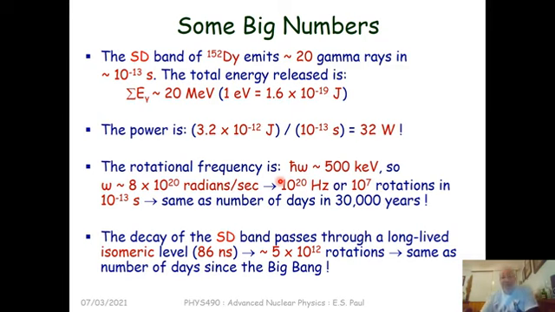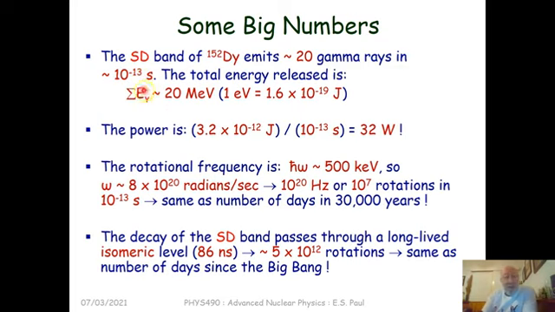So actually, I think this might be in one of the tutorials or homework questions. Let's just look at some of the numbers associated with that particular band in dysprosium. So it consists of about 20 gamma rays, and we know the lifetimes of the individual states, and we know that to go through the band from the top to the bottom takes about 10 to the minus 13 seconds.